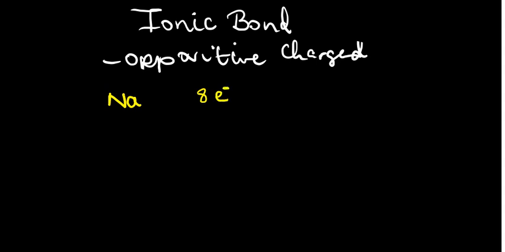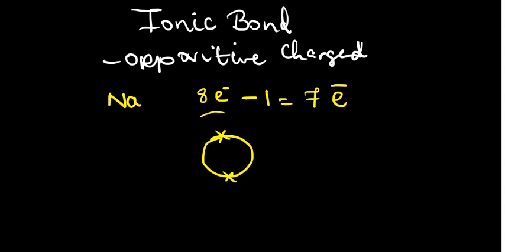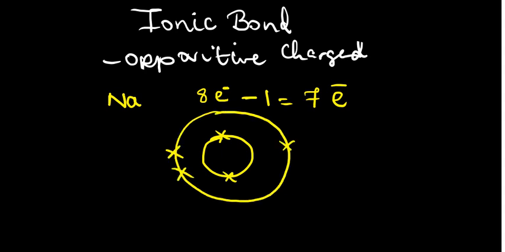When sodium loses 1 electron, it will now have 7 electrons in its outermost shell.